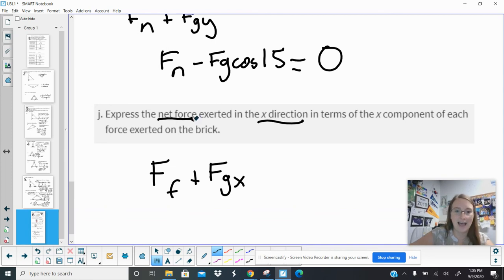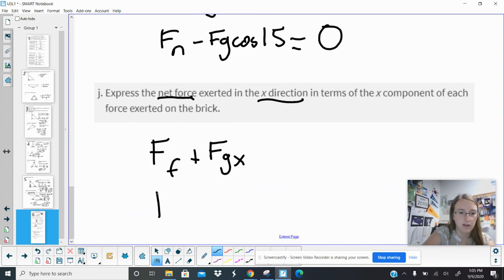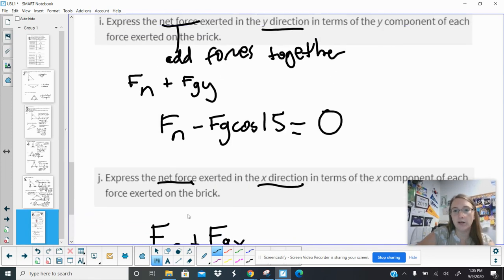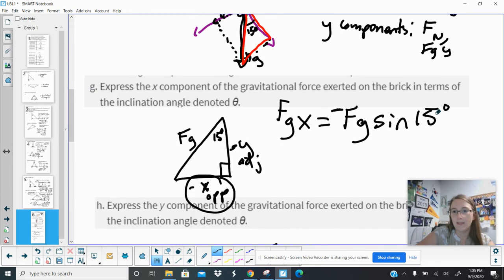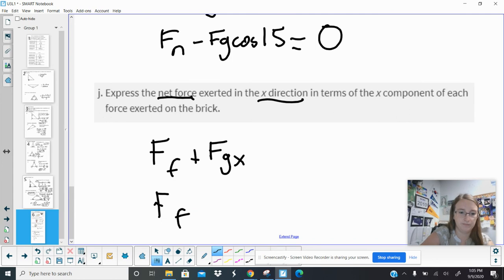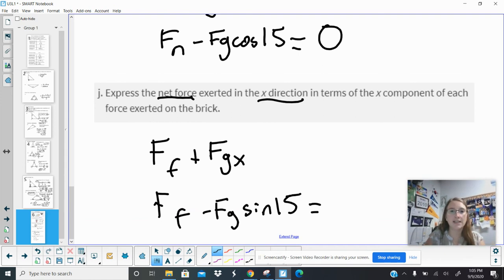Net force, add the forces together. Now we have the force of friction, and now we know the x component, negative Fg sine 15. Now, what should these equal again? Because this brick is not moving, 0.